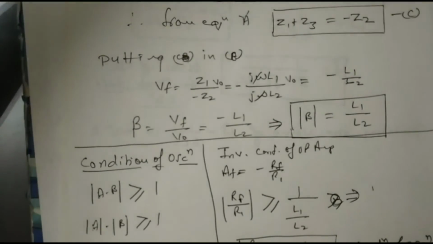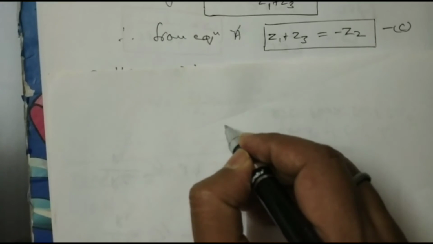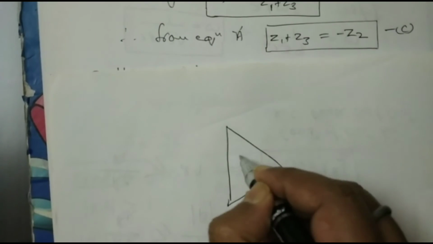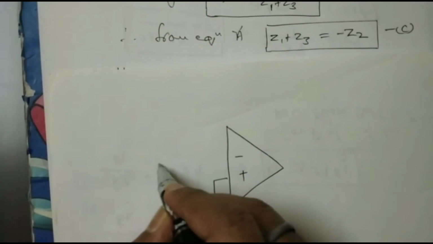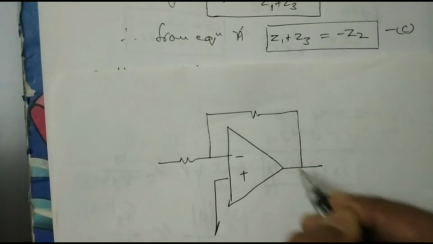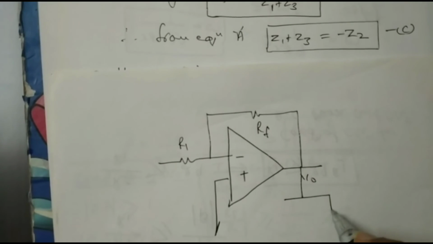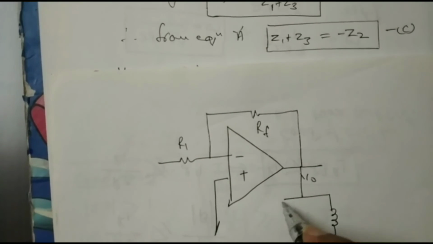Now we can draw the figure for the Hartley oscillator. This will be the inverting configuration of the op-amp, with V0, RF and R1, and here we consider an inductor j omega L2, this will be the capacitor, and this will again be an inductor.